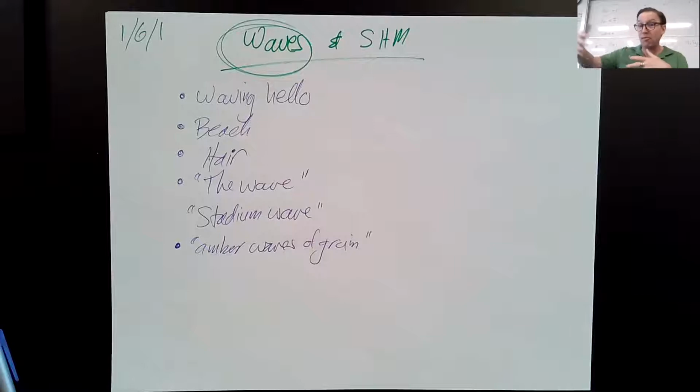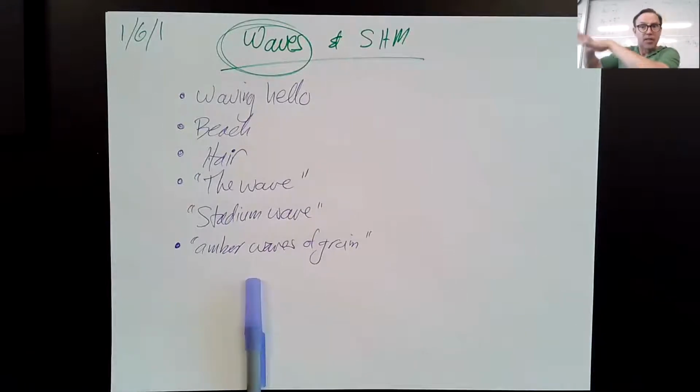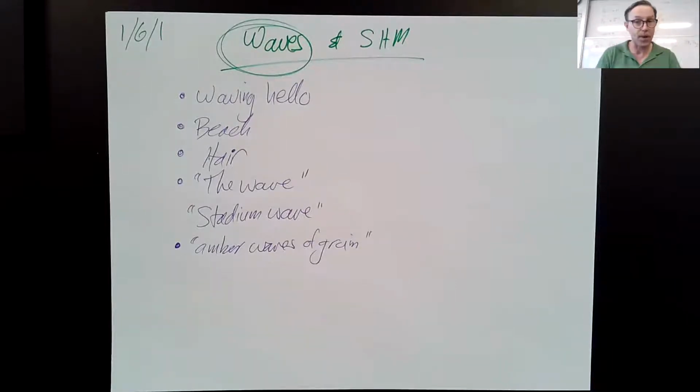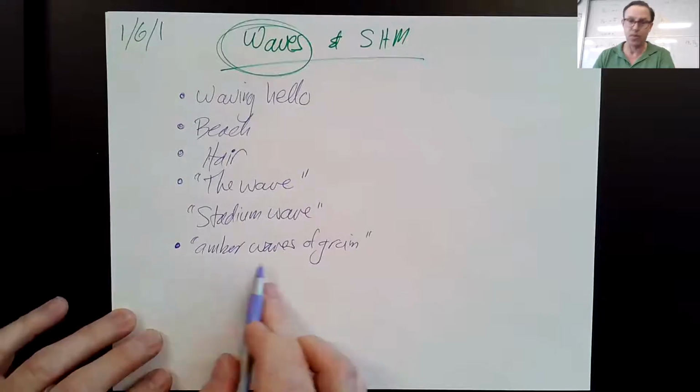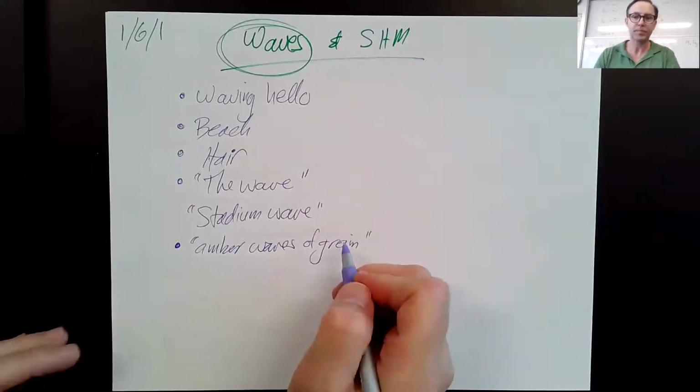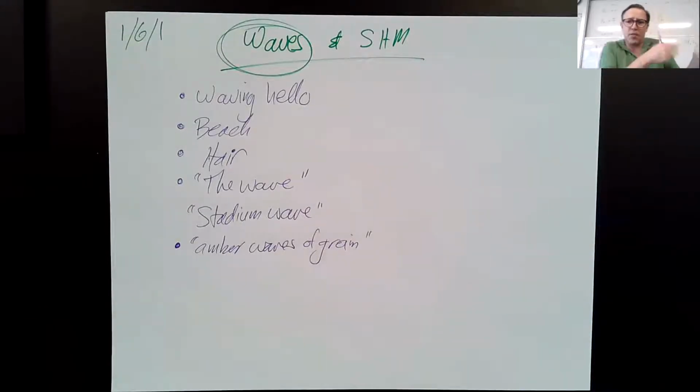If I have a whole field of grass and the wind blows across that grass, it looks like there's this wave, this bouncing, slithering thing that goes across the field. A very poetic way of describing that would be amber waves of grain. So anyway, this beautiful wave traveling across space. So what is a wave?